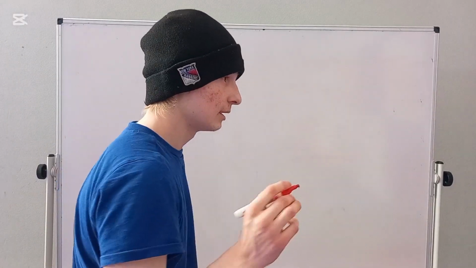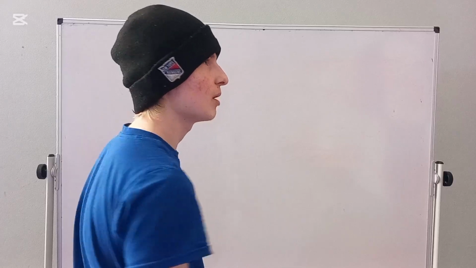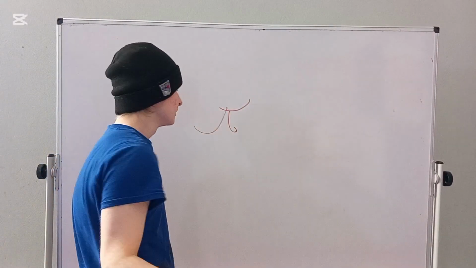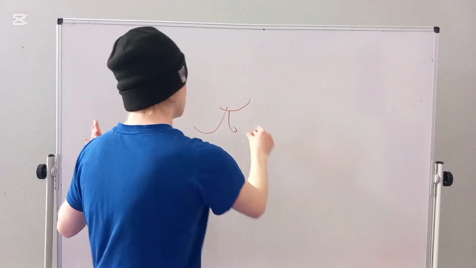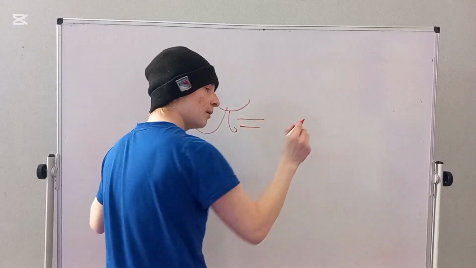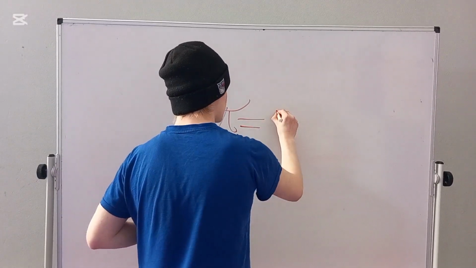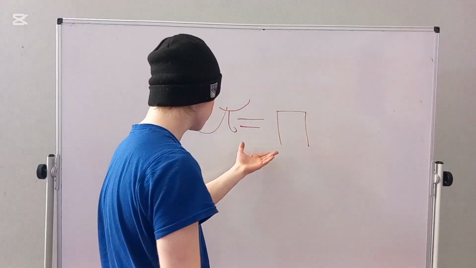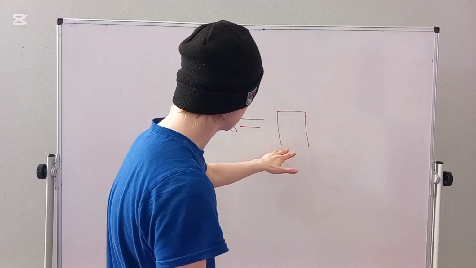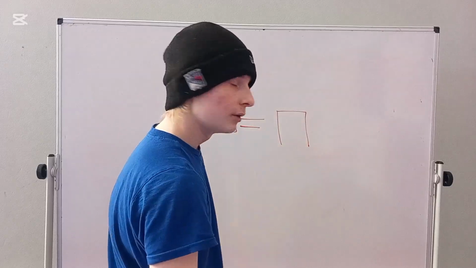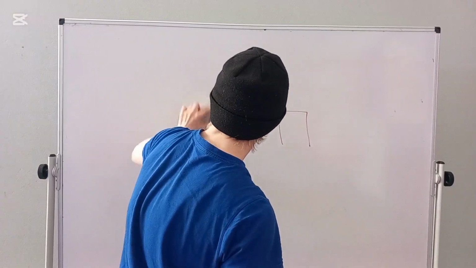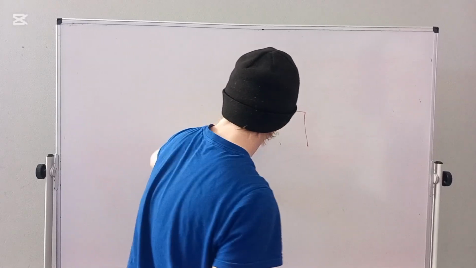Now let's talk about this, the pi. Yes, we already talked about it. It can also be drawn like this, like a square without the floor. Just pi.